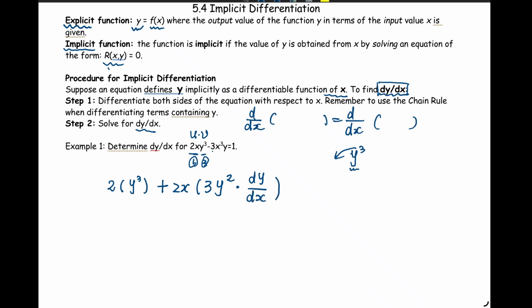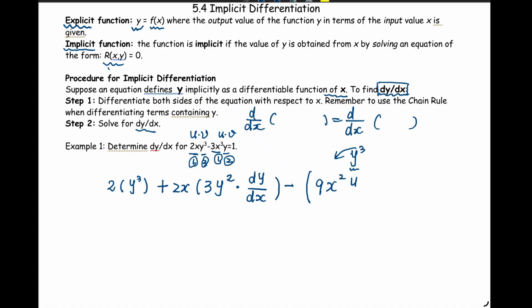Then we do the same thing for the second term. We are going to put 3x cubed together and y by itself. So 3x cubed will be another u times v. So minus bracket, the derivative of 3x cubed, we have 9x squared.